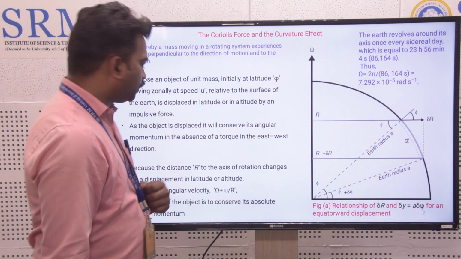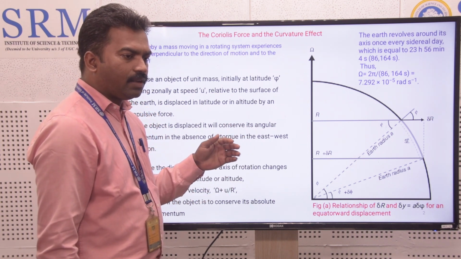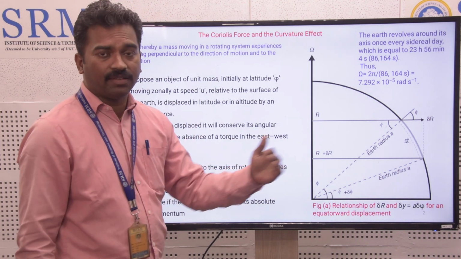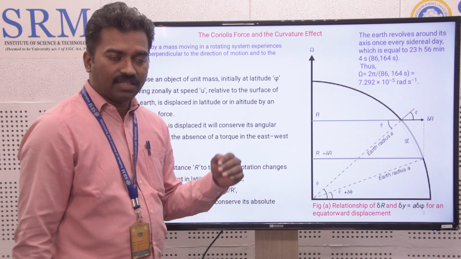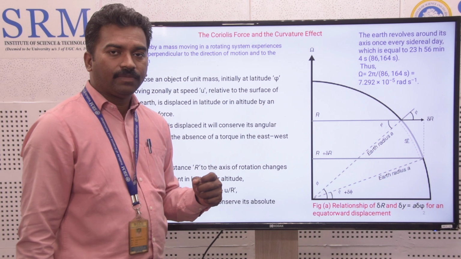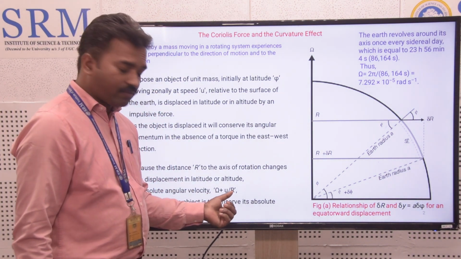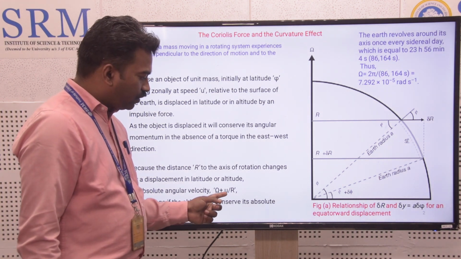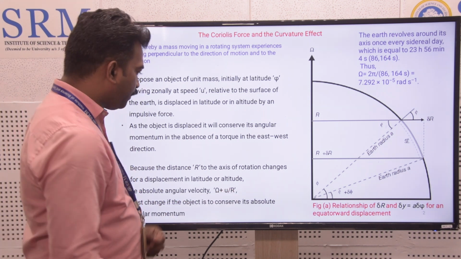So when the mass is moving in the eastward direction and is being displaced, the angular momentum is conserved. When we try to understand the angular velocity, it is given by omega plus u by r, which is called the absolute angular velocity, where u is the zonal velocity relative to the surface of the earth.